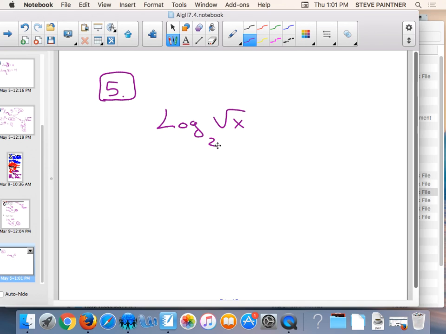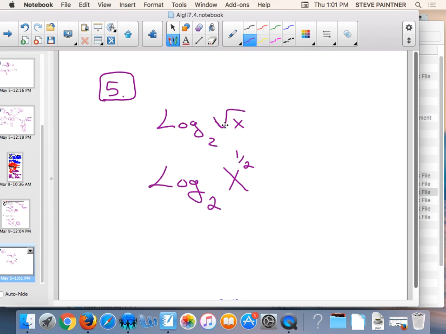Guess what? The square root of x is really just x to the, chapter 6 now, to the what power? Say again. It's 1/2. Remember this? Chapter 6, we said this is the root, this is the power.